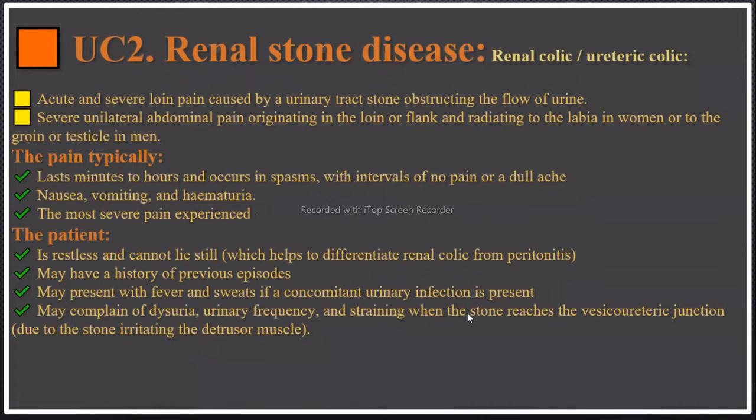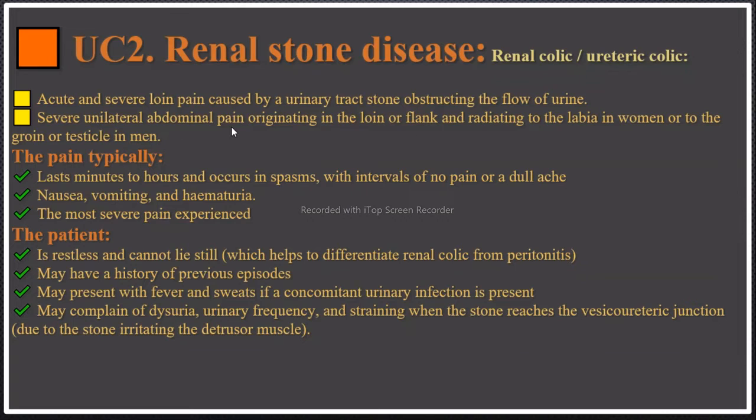Regarding acute and severe loin pain, think about urinary stone or renal colic if there is no fever. It is caused by a urinary tract stone obstructing the flow of urine: severe unilateral abdominal pain originating in the loin or flank, radiating to the labia in women, or the groin or testicle in men.